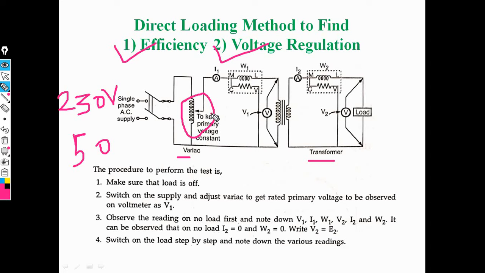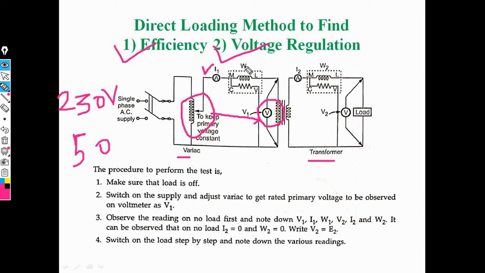Okay, and this voltage is applied to the transformer primary winding, that is called V1, and this V1 voltage can be measured with the help of a voltmeter. Then this is the ammeter, A indicates ammeter, and this ammeter measures current I1.